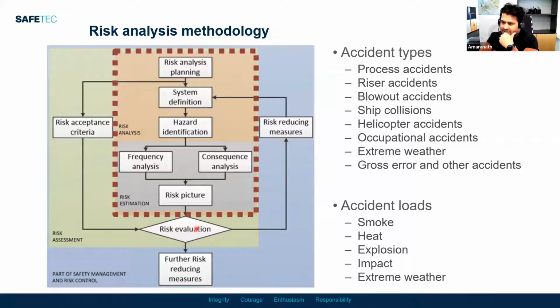If the risk is acceptable, we can start working with further risk reducing measures, what we call ALARP, as low as reasonably practicable.